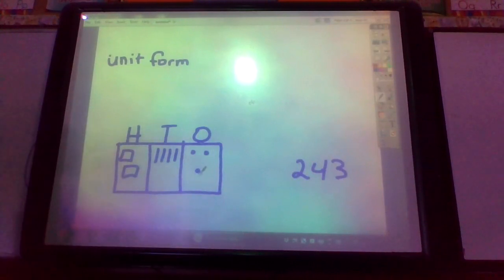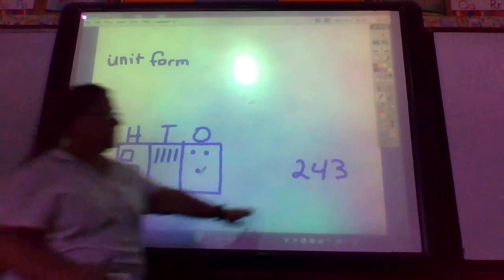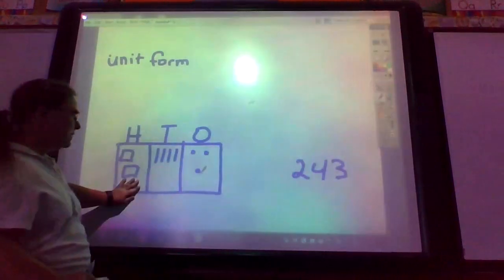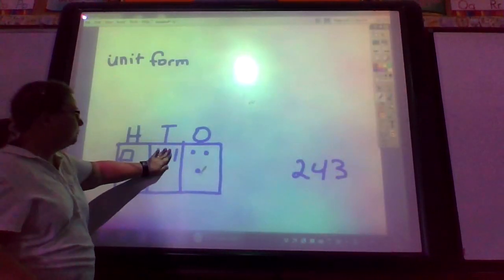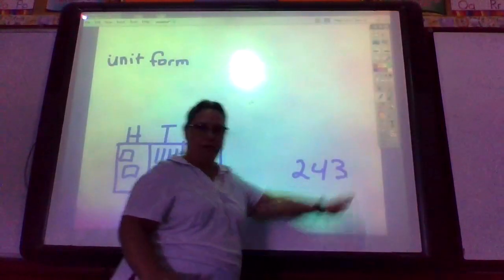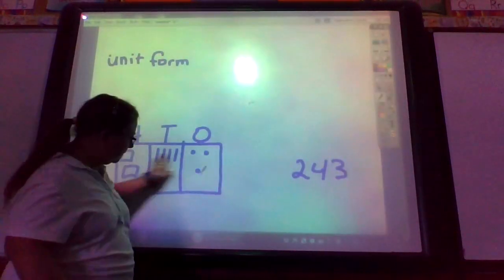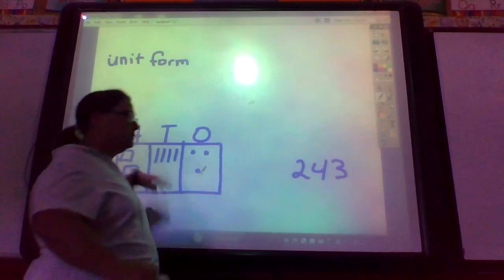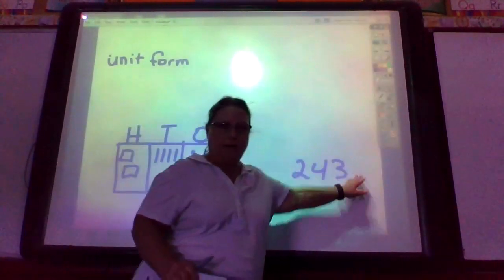So that would be in my place value box. Here's my number. This is what's in my place value box. 243. Always reading from left to right. When we write these, we always write them from left to right.